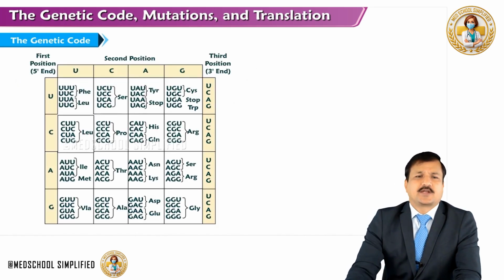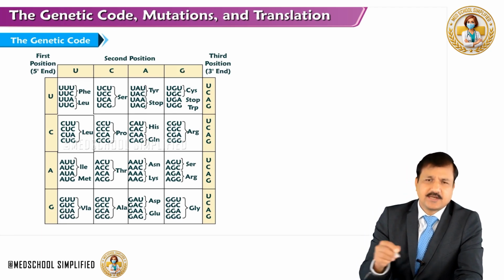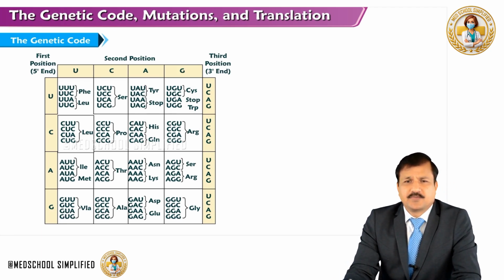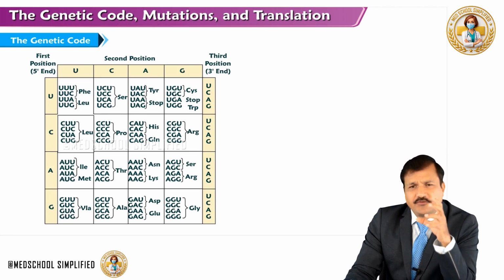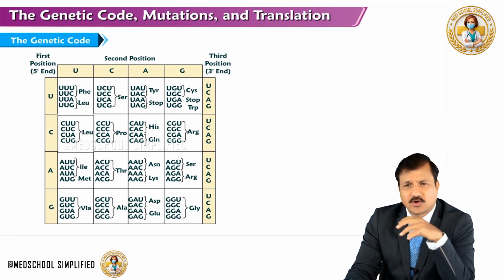Now coming to the genetic code, each codon consists of 3 bases, referred to as triplets, as you see here in this particular table. There are a total of 64 codons, you can count them in the table. They are all written in 5' to 3' direction.